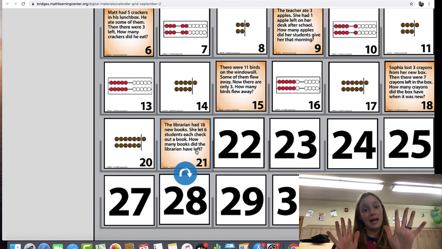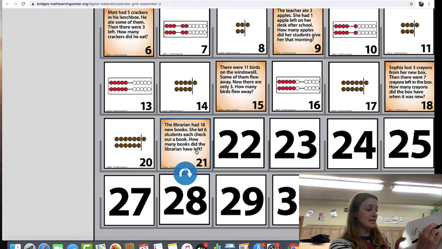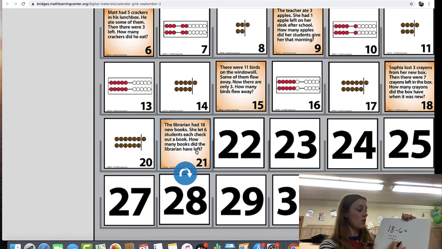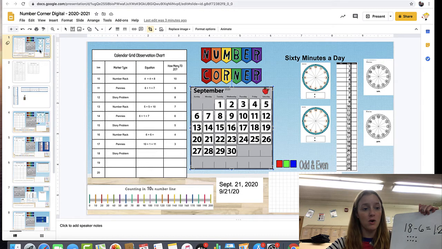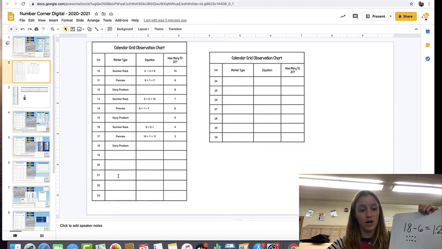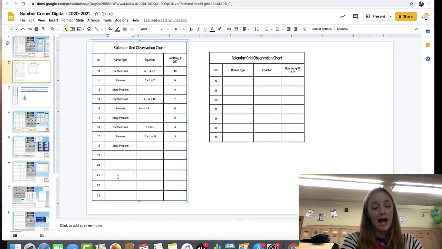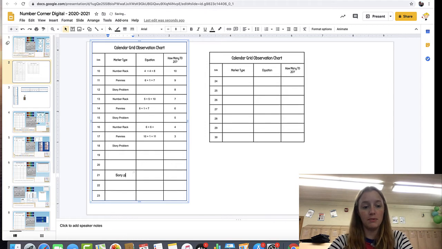So I had 10 and I had 2 more fingers left up, so that's 12. So 18 minus 6, we now know, is 12. And I can go ahead and fill that out on our Number Corner chart for the 21st today. I can see that there was a story problem, and I could type in 18 minus 6 equals 12.